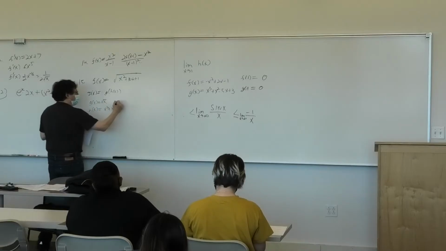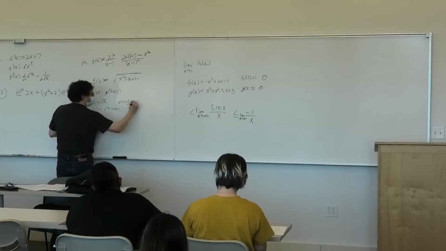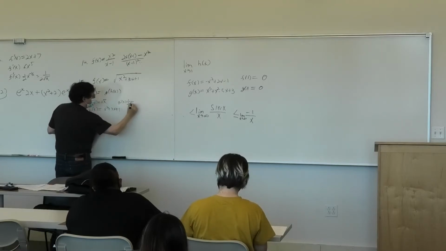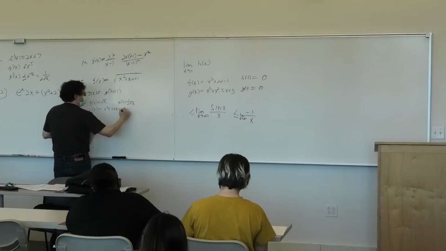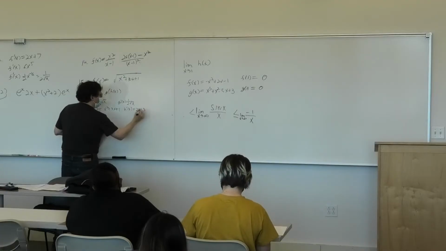Let's find these derivatives real quickly. g prime, again, we know is 1 over 2 square root of x. Derivative of h of x is, again, just power rule, 2x plus 3.